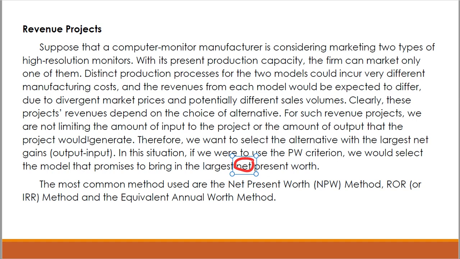So if project A, project B, project C can all meet the number of units required for a particular month or year, then of course projects A, B, and C would differ in terms of the cost in operating or maintaining these projects. So whichever gives us the least amount of cost, then we're going to choose that project. So revenue projects, we're going to select the project that would give us the largest revenue or net profit, I should say.